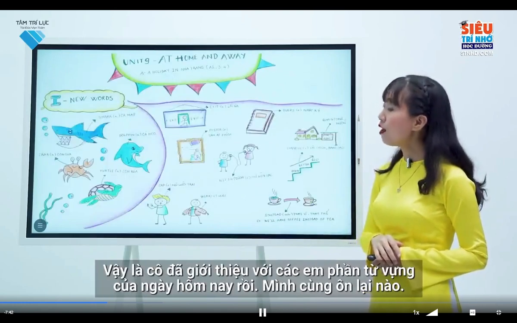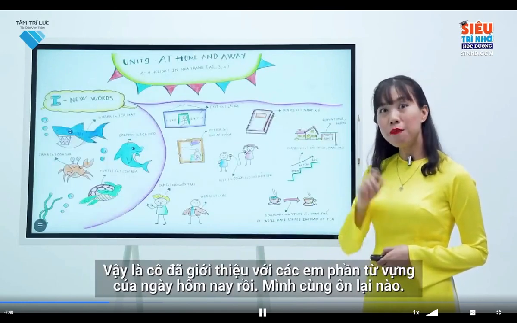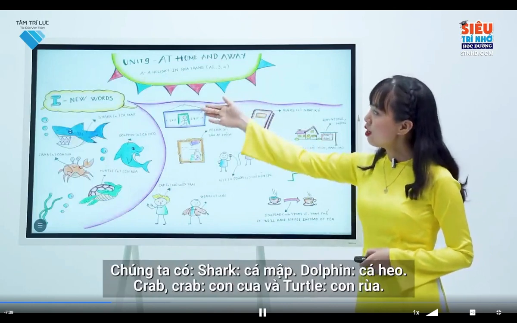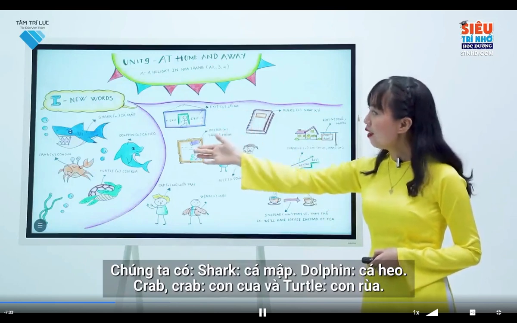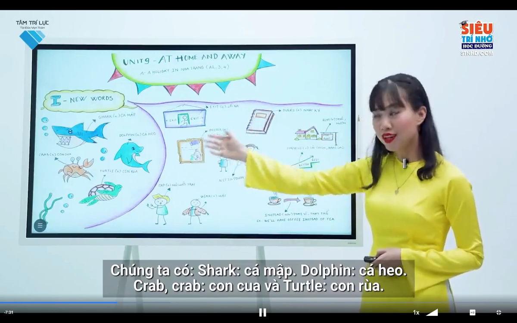So, I finished introducing you to today's vocabulary. Let's review together. We have shark, dolphin, crab, and turtle.